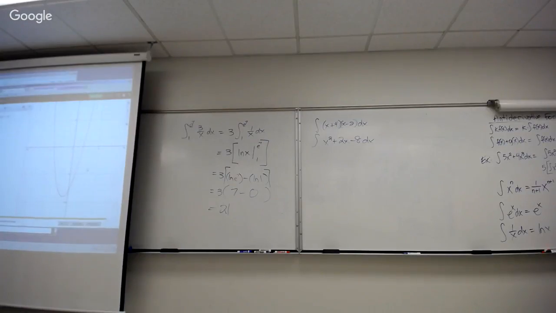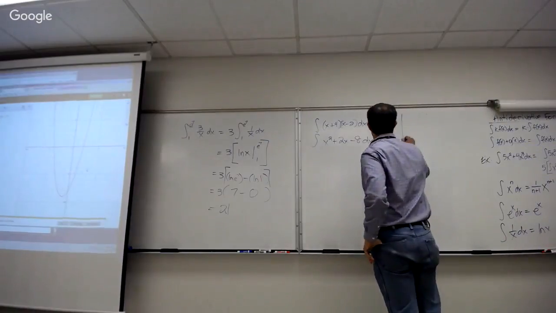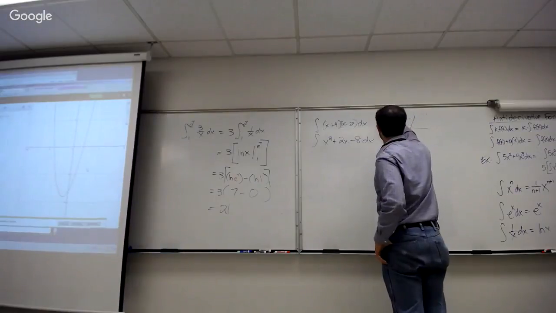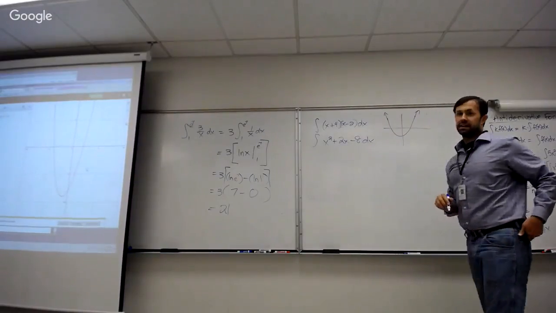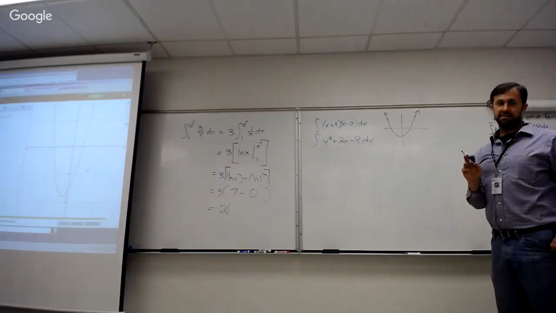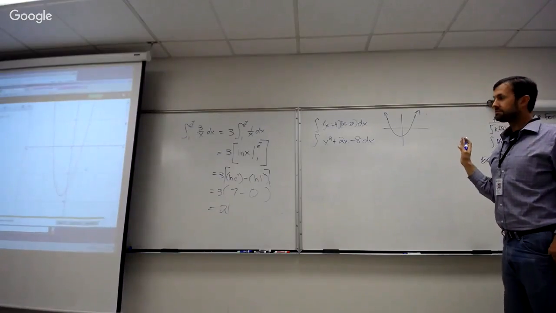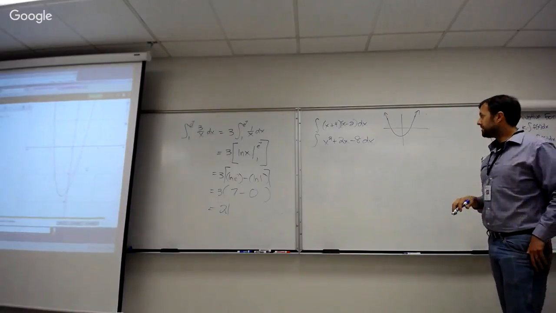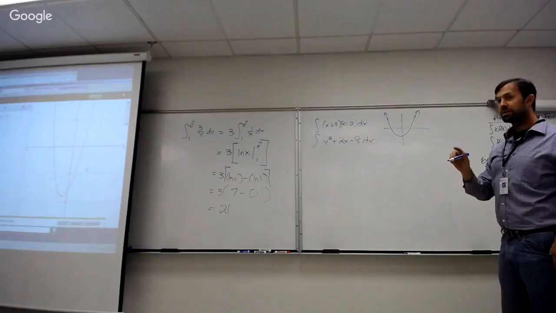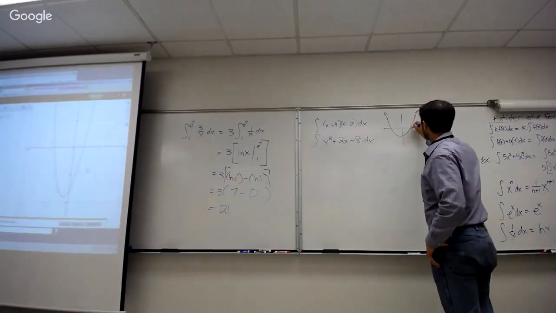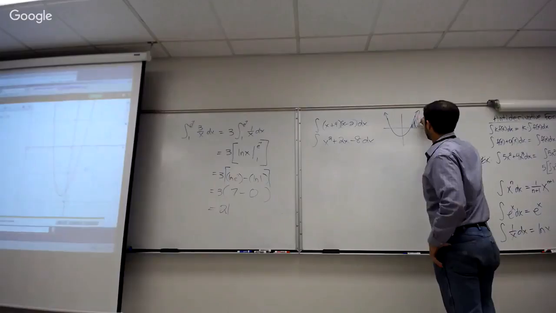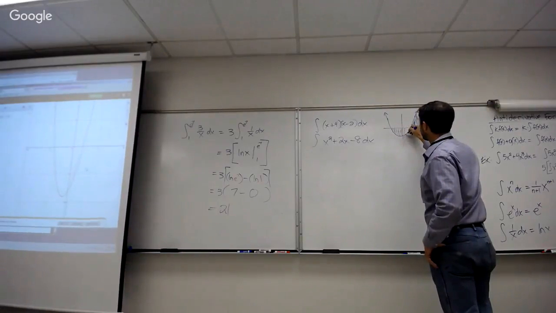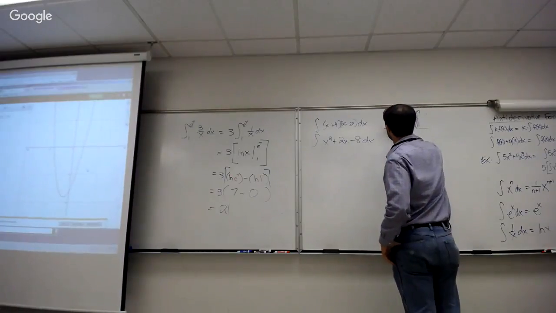I want you to look at this now. Draw a picture with me. Here's what they're asking us to find: the area trapped between the curve and the x-axis. So this is really fun. Everybody, you draw a little parabola. Okay, little parabola, buddy. So the area that we're looking for is either this area trapped between the curve and the x-axis, or this area, or this area.